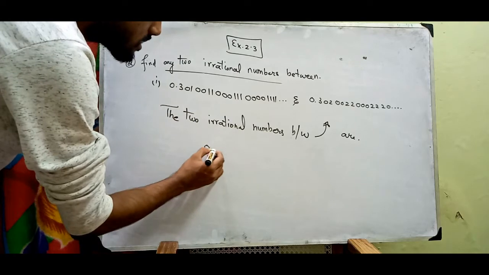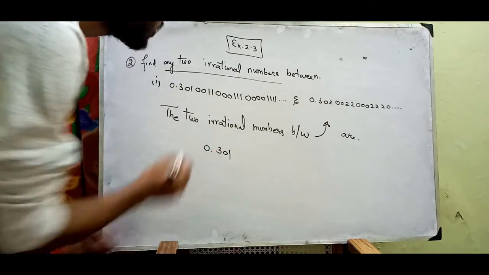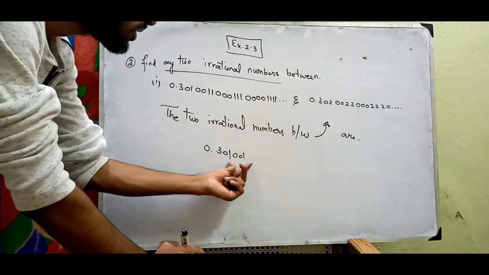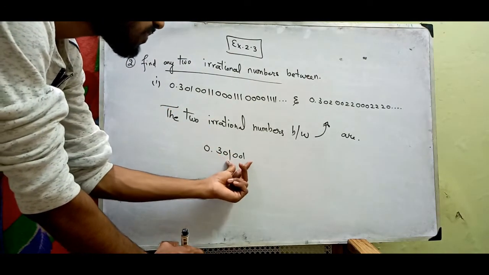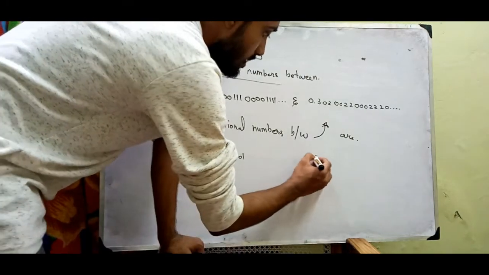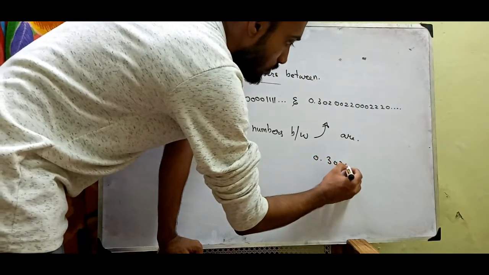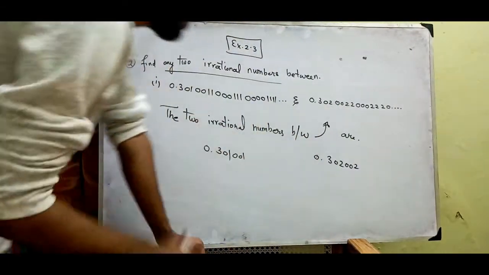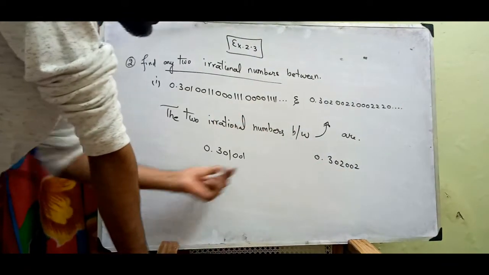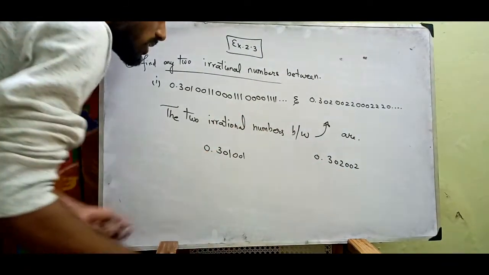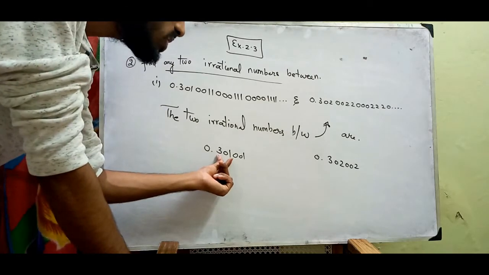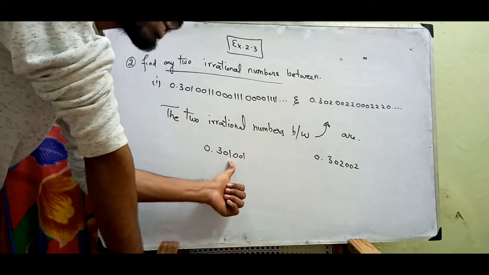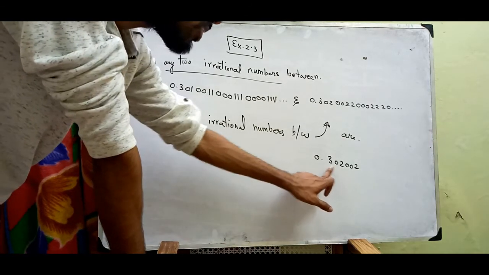What I'm doing here is a trick. See, 0.301 and then 1001. I'm just focusing on these numbers, apart from this, just here and here. 0.30200, and then 2002, right? Here 1001. If I make changes here, 301 to one number in excess of this, that is 302, which is already here.